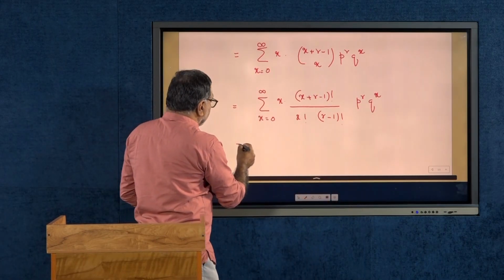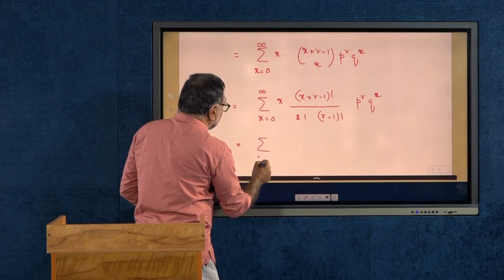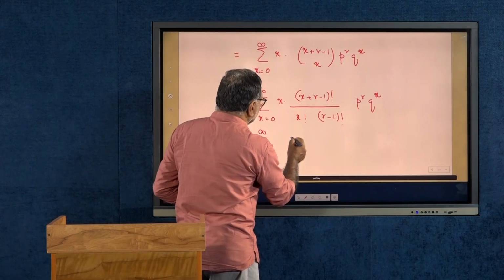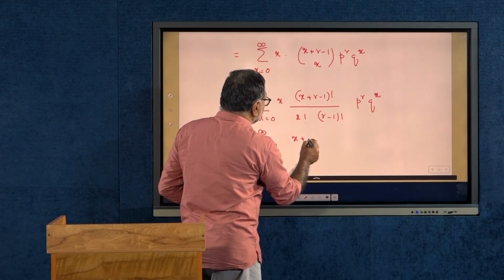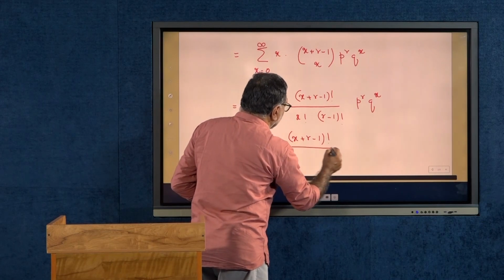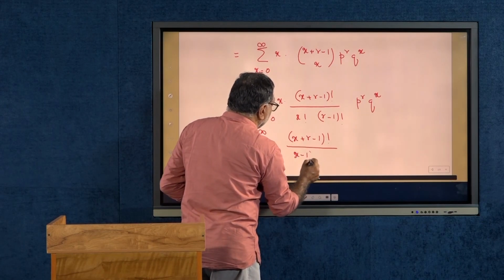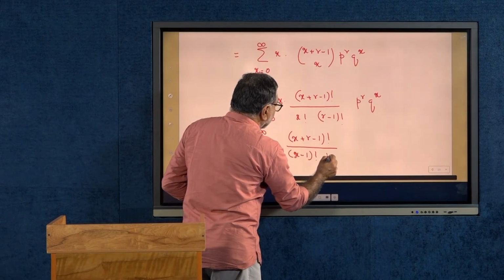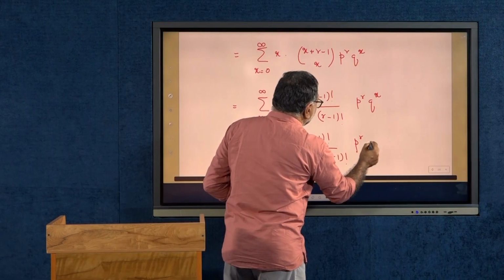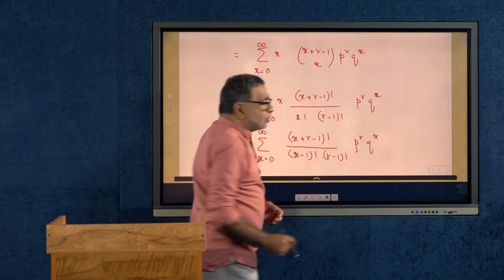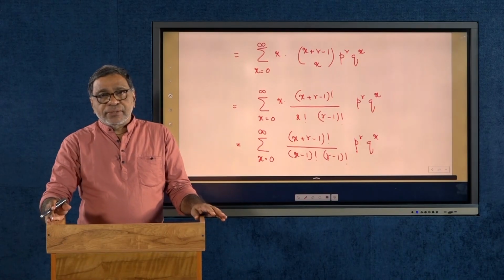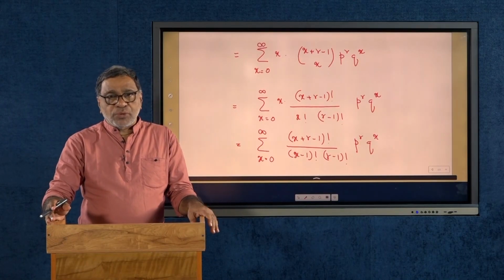Or that can be written as sigma x is equal to 0 to infinity, this x and x factorial common factor cancelled. So, this is x plus r minus 1 factorial divided by x minus 1 factorial, r minus 1 factorial, p power r q power x. So, this is the final expression of expectation of x after substituting f of x value.